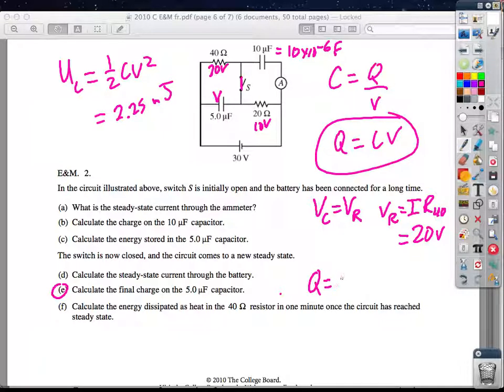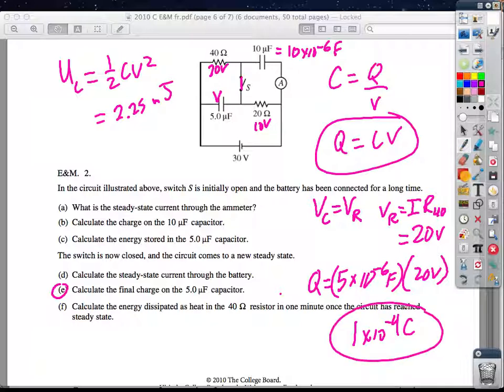So Q is going to be C, which is 5 times 10 to the minus 6 farads, times 20 volts. 5 times 20 is 100. That gives me 1 times 10 to the minus 4 coulombs. Okay, questions?